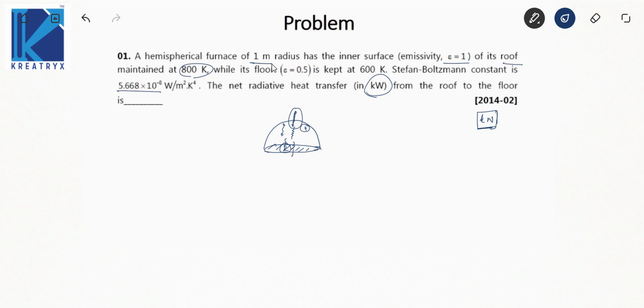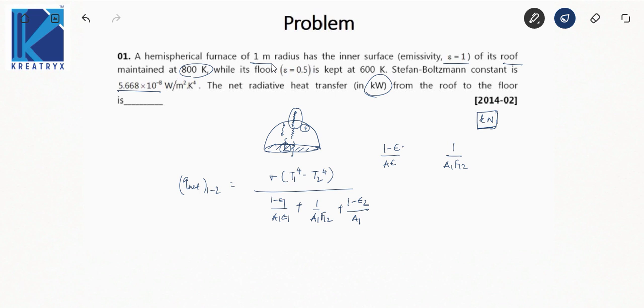The surface resistance is (1 minus epsilon) upon A epsilon, whereas the space resistance is 1 upon A F12. So Q net from 1 to 2 is equal to sigma (T1 raised to the power 4 minus T2 raised to the power 4) upon (1 minus epsilon 1) upon A1 epsilon 1 plus 1 upon A1 F12 plus (1 minus epsilon 2) upon A2 epsilon 2.